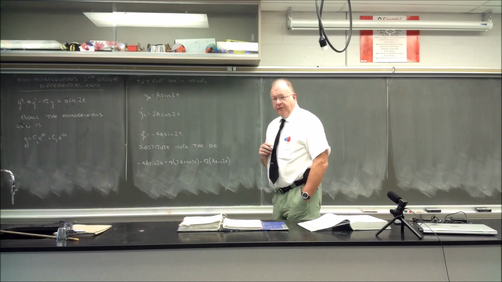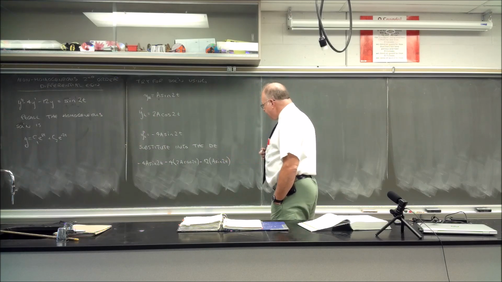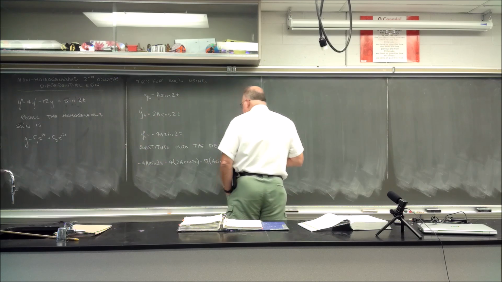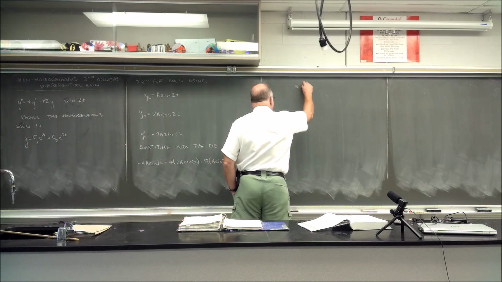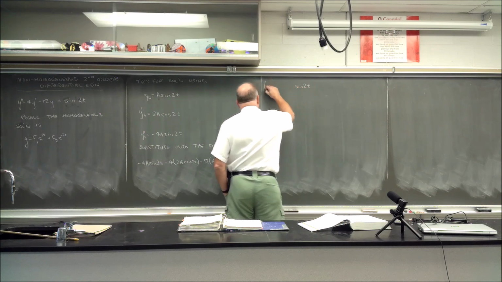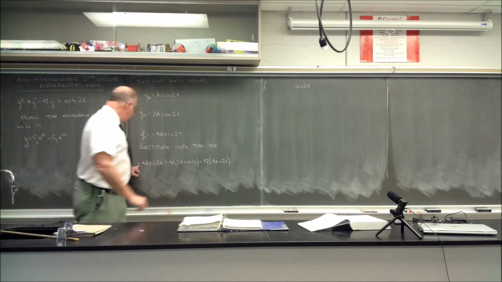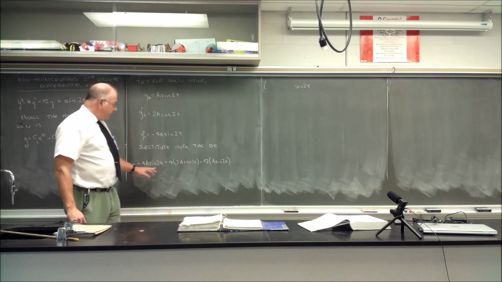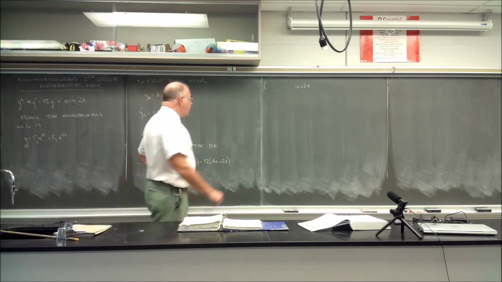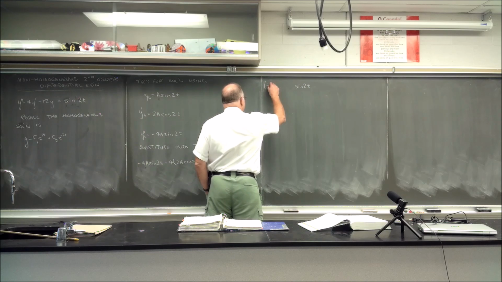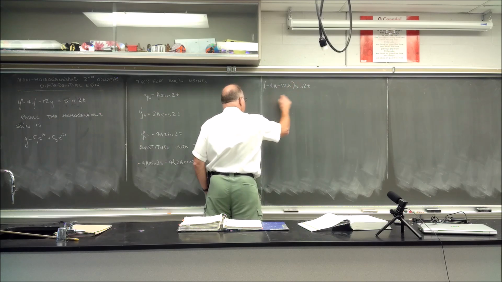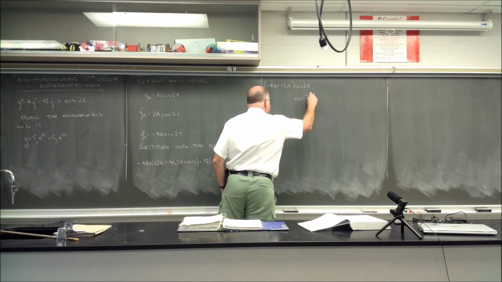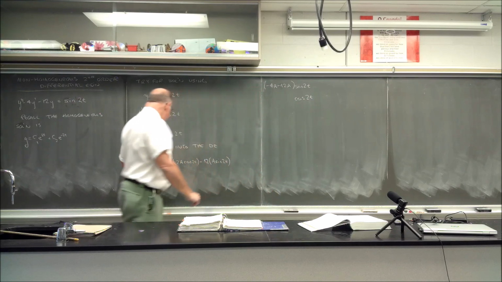Because we have cosines and sines here, let's just see what we get. For the sine 2t, we're going to have minus 4a and minus 12a, so negative 16a times sine 2t. And then for the cosine function, cos 2t, we'll have negative 8a.